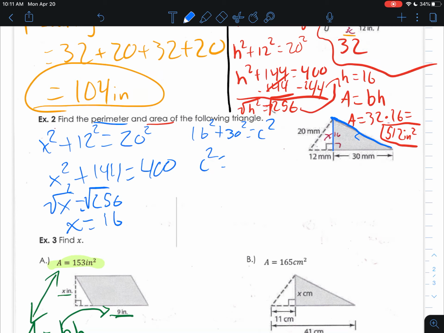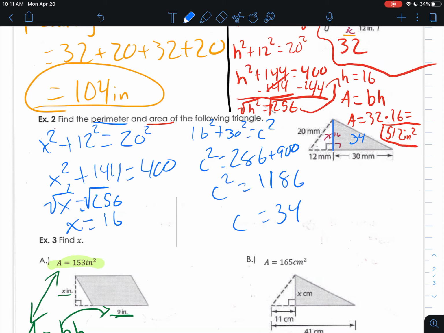So then c squared equals 256 plus 900. c squared equals 1,186. c equals 34. So we can erase this and put 34.